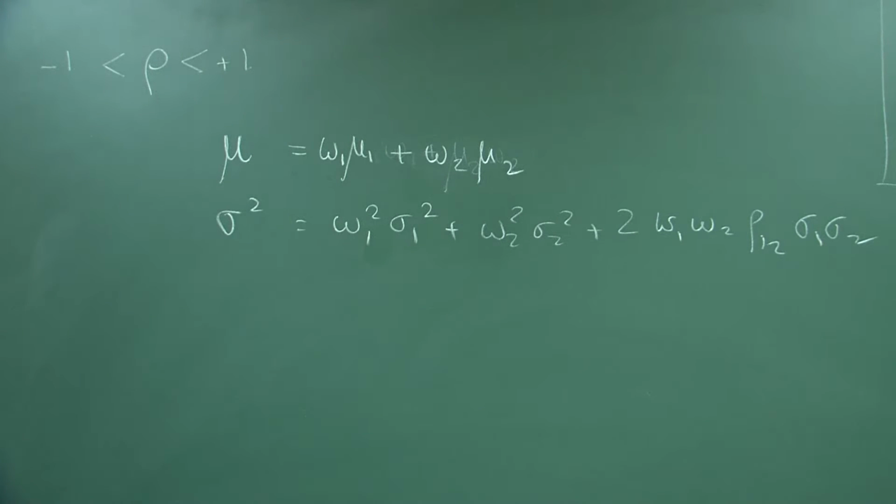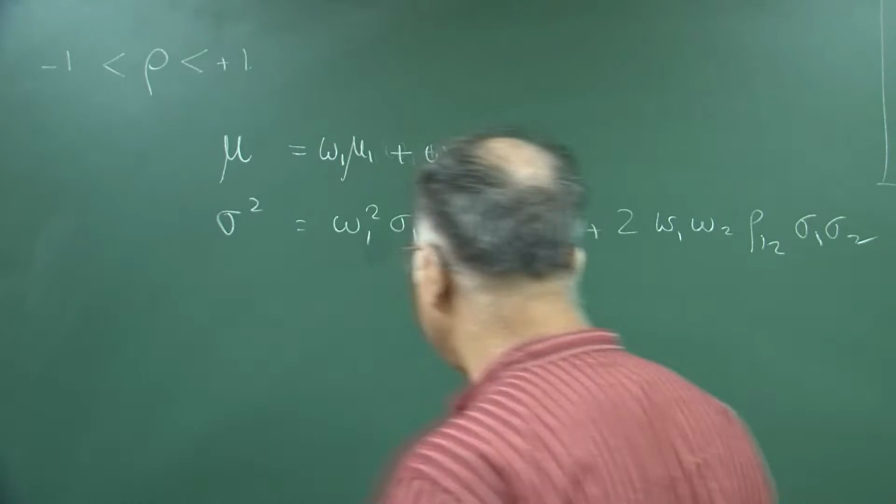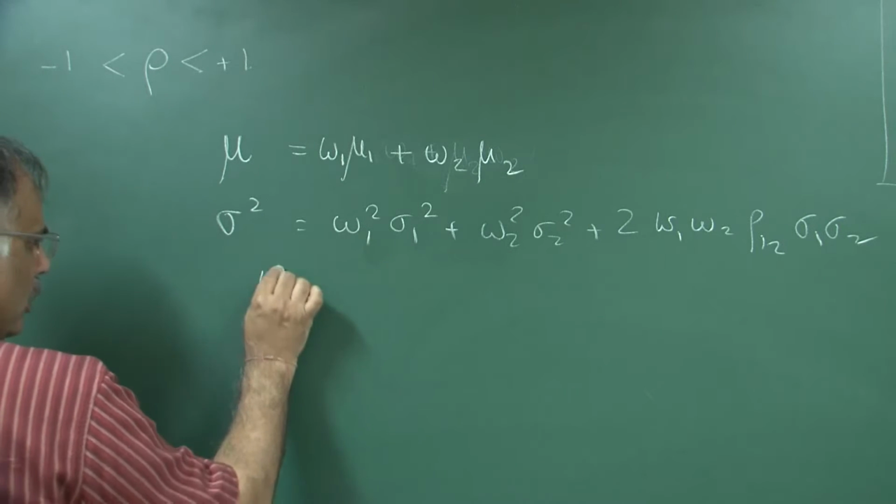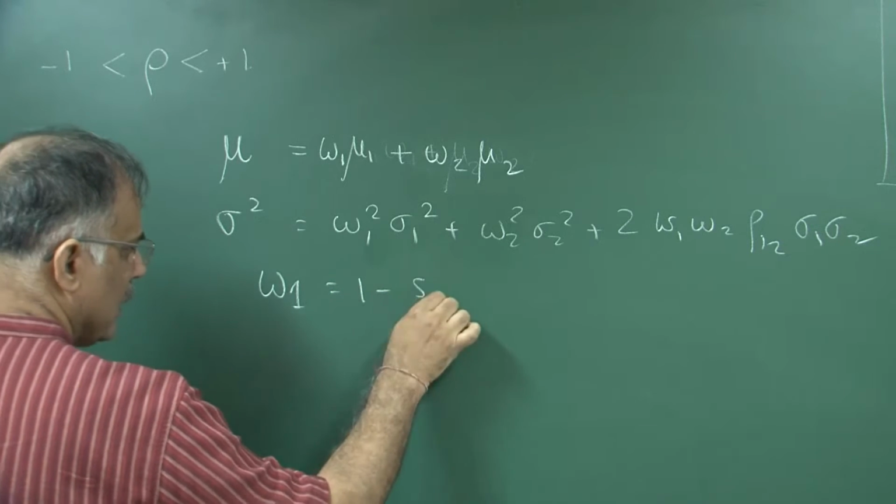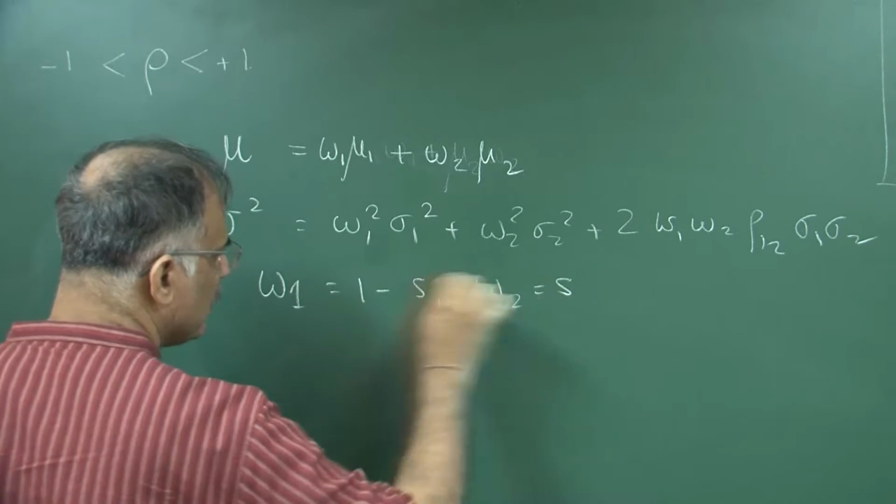This is exactly what we had already written down. Now, again I will put W2 equal to S and W1 equal to 1 minus S, where S is some real number of course.